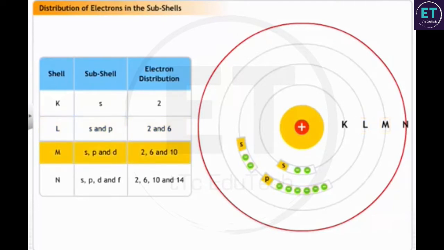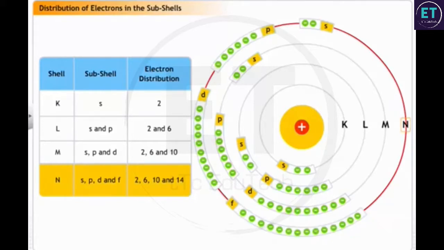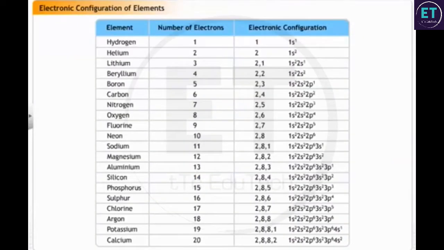M is the third shell and has S, P, and D subshells, which accommodate 2, 6, and 10 electrons respectively. Next is the N shell, with S, P, D, and F subshells, accommodating 2, 6, 10, and 14 electrons respectively. Let's observe the distribution of electrons in the given 20 elements.